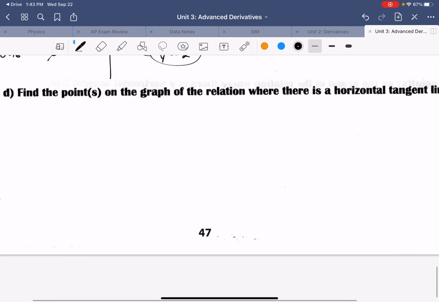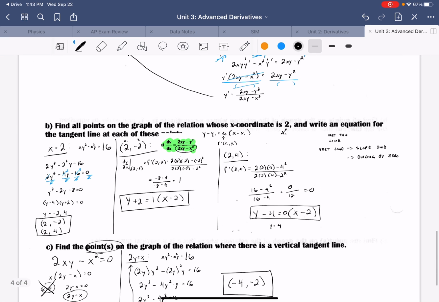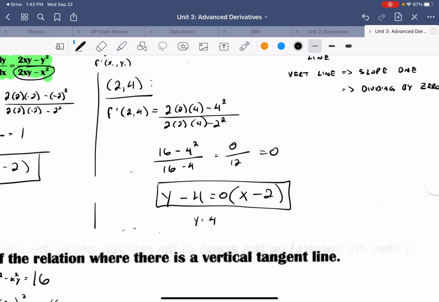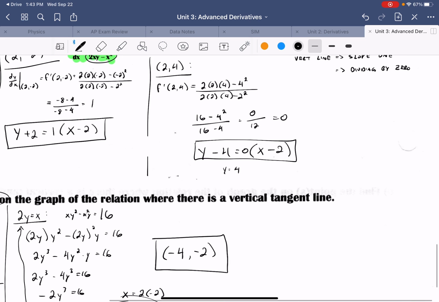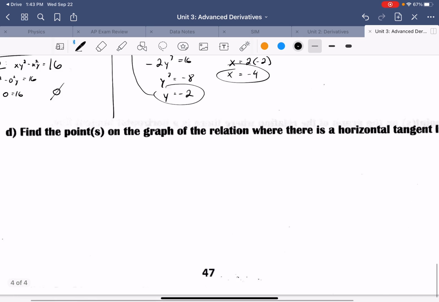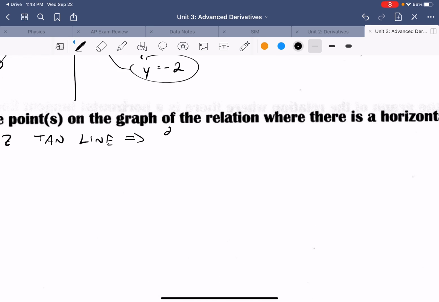And then part D, find the points where there is a horizontal tangent line. We did find a horizontal tangent line here, and that had the point 2, 4. Could be that there's another one. We don't know yet. So let's work it out. So a horizontal tangent line means that your dy dx is equal to 0.